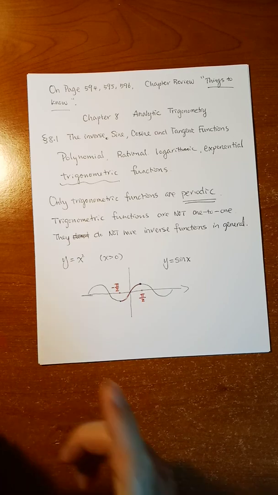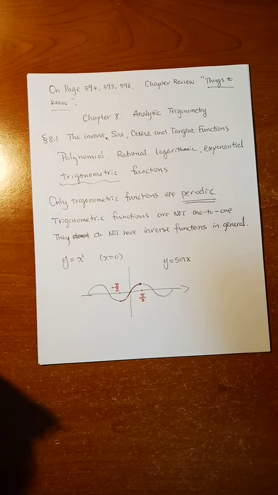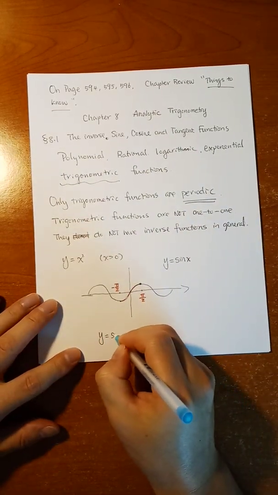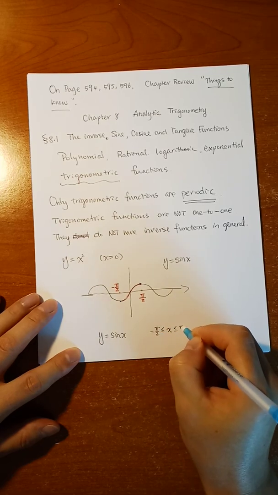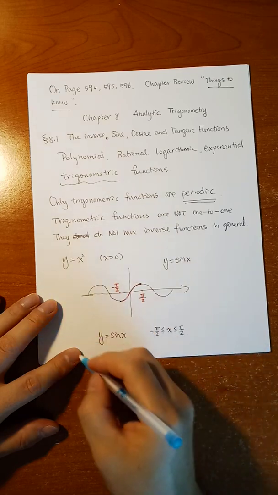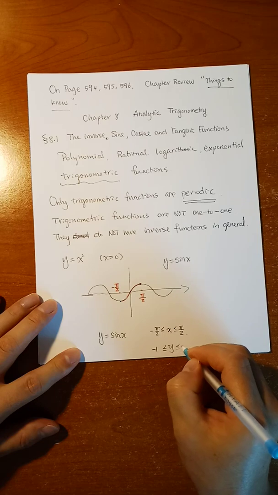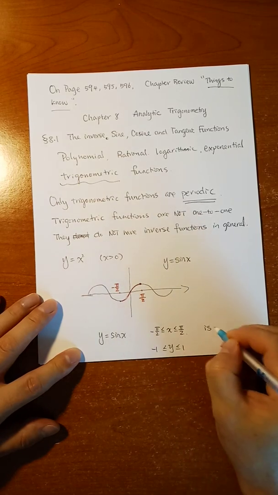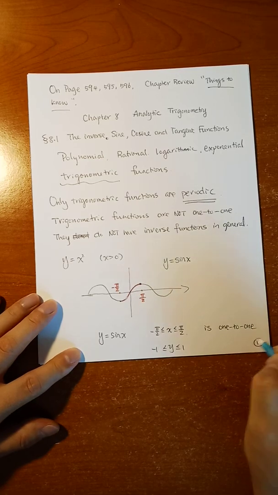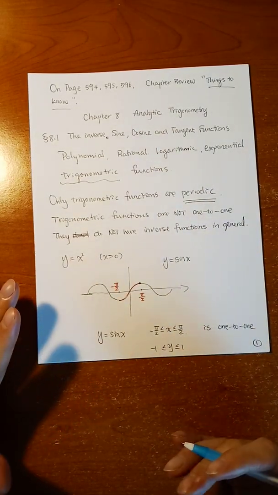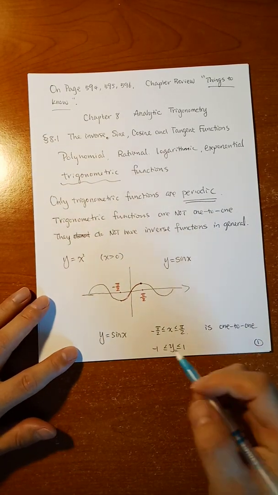That's similar to the square function with the greater than 0 condition. In this function, y is between -1 and +1 and it is one-to-one. For this one-to-one function, we can get its inverse.